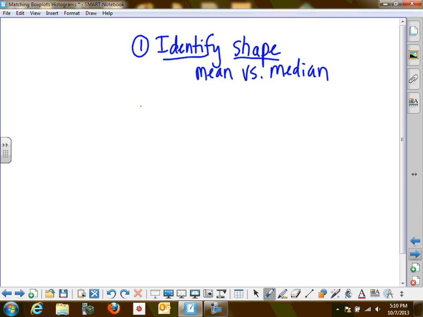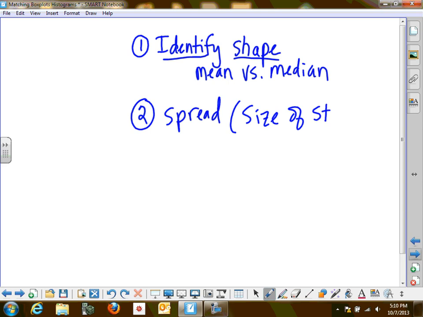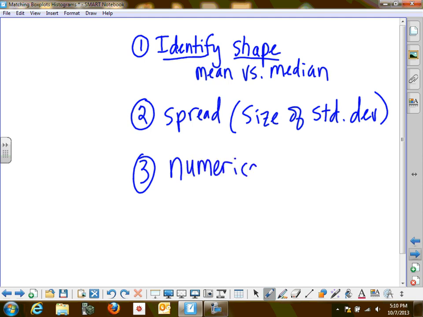Once you have identified the shape, then you're going to compare the spread by looking at the size of the standard deviation. Additionally, you're going to be looking at those numerical values for any other details that you are having difficulty connecting. Those numerical values also give you some information about the spread and the center and the range and all those kinds of things.